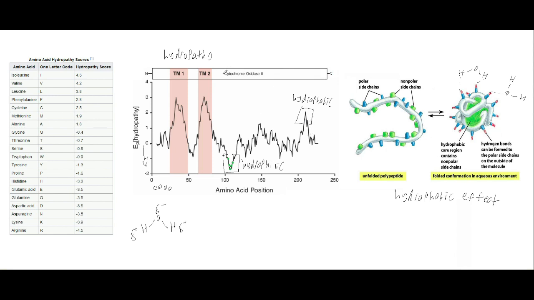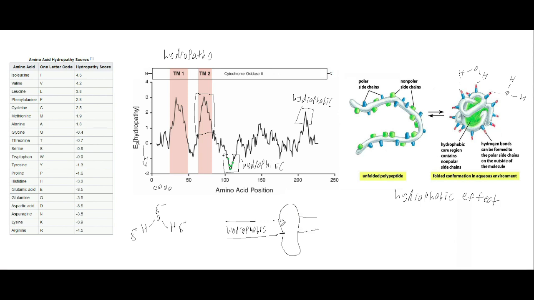This is a particular protein called cytochrome oxidase B, and these right here are transmembrane regions. We'll get into this more once we get into biochemistry, but we know that the cell membrane, which we can just show like this, is hydrophobic. And so if we have a protein that's embedded in this, then part of it is sticking out of the cell and part of it is sticking into the cell.